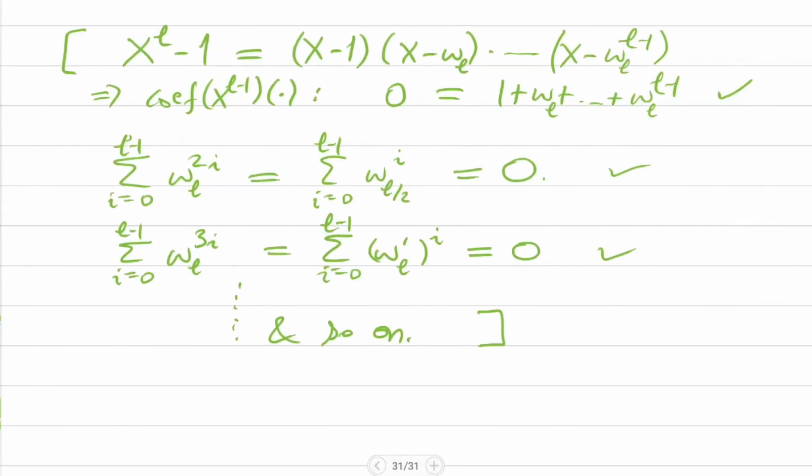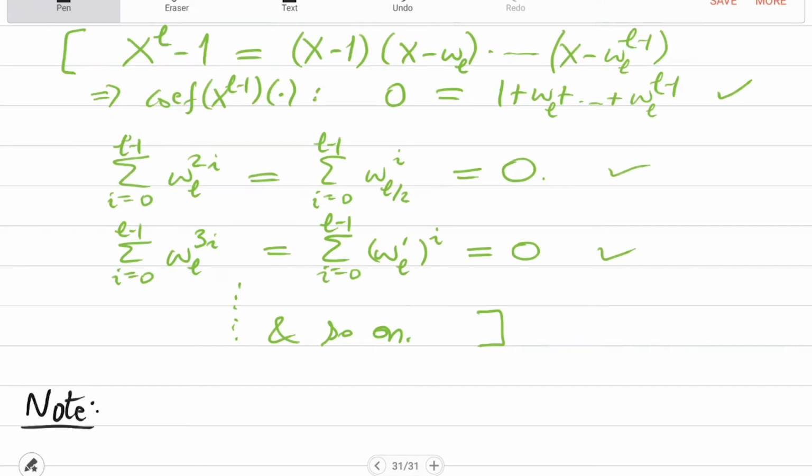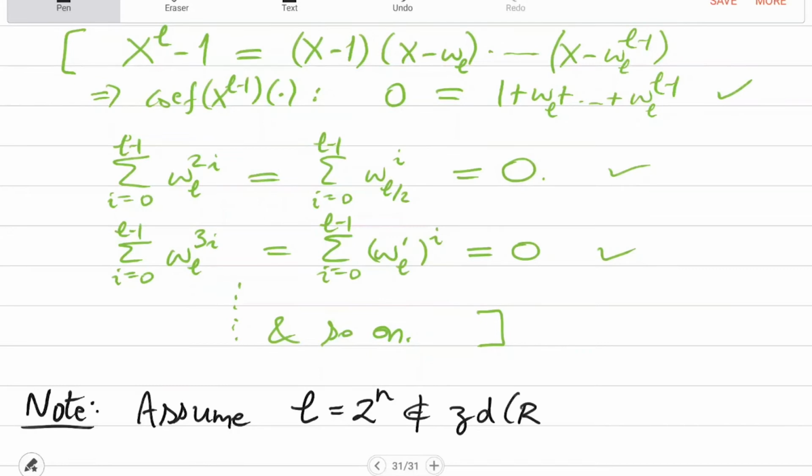Okay. So one note: assume L to be not a zero divisor of R. That is, the characteristic of R is not 2.